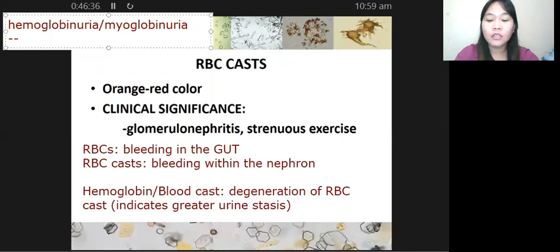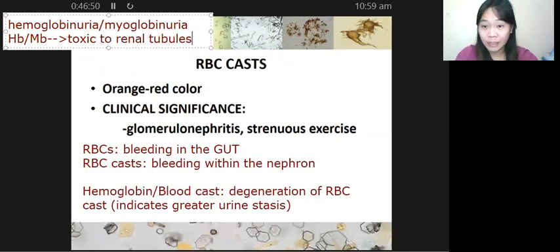Ilagay ko lang your hemoglobin as well as your myoglobin. Take note ha, these are toxic to your renal tubules.